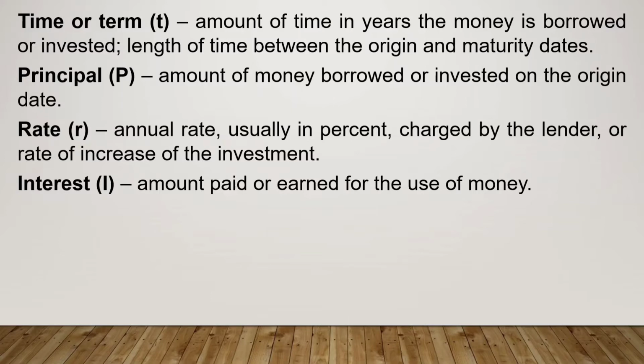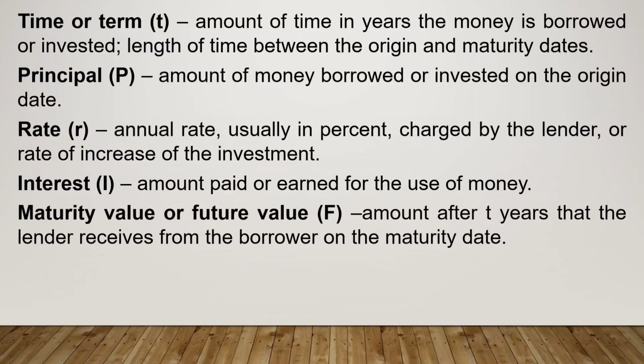Next, we have the maturity value or the future value. It is the amount after the term in years that the lender received from the borrower on the maturity date. So this is the amount of money given to the lender by the borrower after the time or the term.